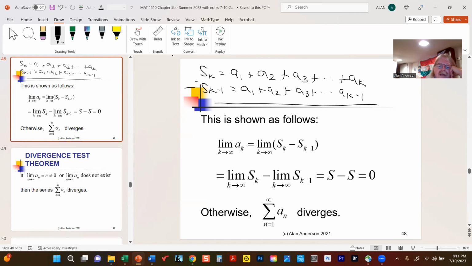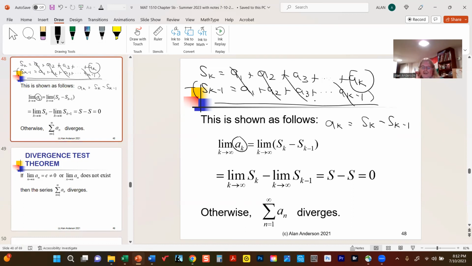If you now subtract the lower expression from the upper, these all drop out except for the a_k. So that means a_k could be thought of as the difference between two consecutive partial sums. And so we'll take the limit of that a_k as the limit of these two.